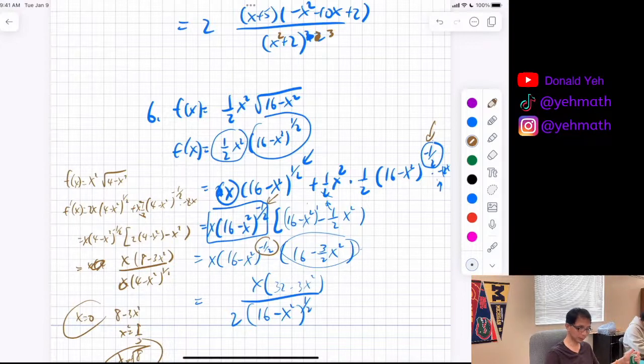In the bracket, it's not negative 1/2. This is positive 1/2. It's 16 minus x squared to the 1 minus 1/2 x squared. Oh, it's minus because the derivative of the negative x squared is negative 2x. And that's why I gave you a negative sign.